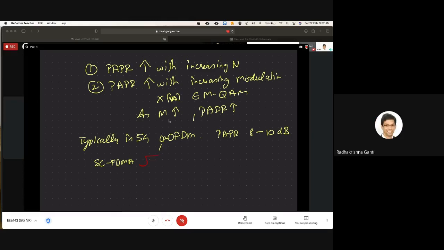Let me tell you my comment. GSM uses GMSK. In GMSK, you do frequency modulation or phase modulation, what you call phase modulation with MQAM. But M is BPSK, 4 QAM, 16 QAM at maximum. I think you remember pi by 2 BPSK.